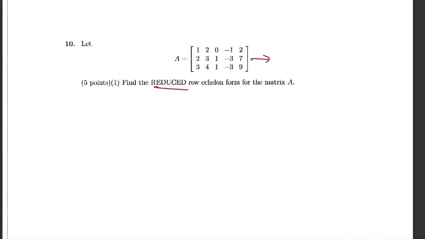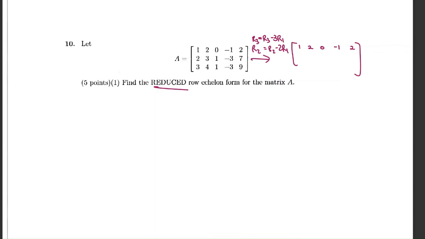The first thing I'm going to do is try to make these entries 0. So I'm going to do row 3 equals row 3 minus 3 times row 1. I'm going to do the same for row 2, except minus 2 times row 1. And 1, 2, 0, negative 1, 2.